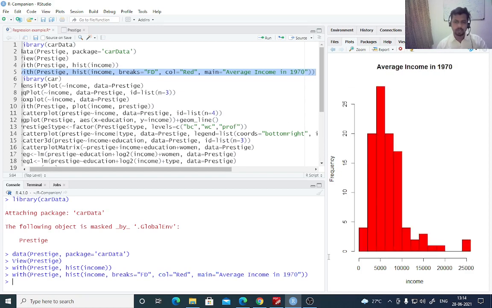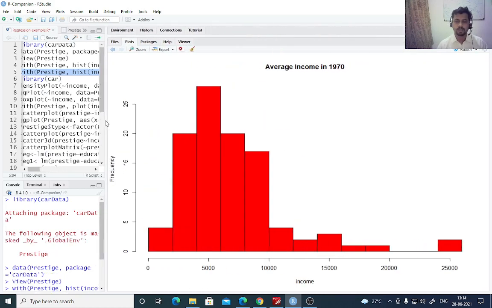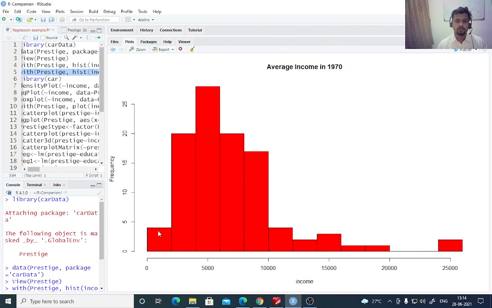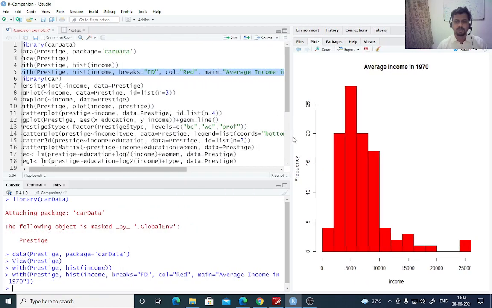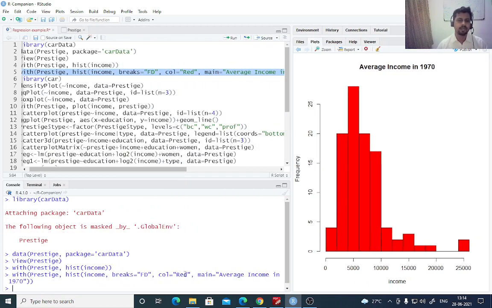So once you run it, you can see this is the histogram that we get now. Still the data tells you that the mode of this particular variable occurs at the class interval near 5000. Alright, so this is just a basic understanding of how the income variable is distributed.